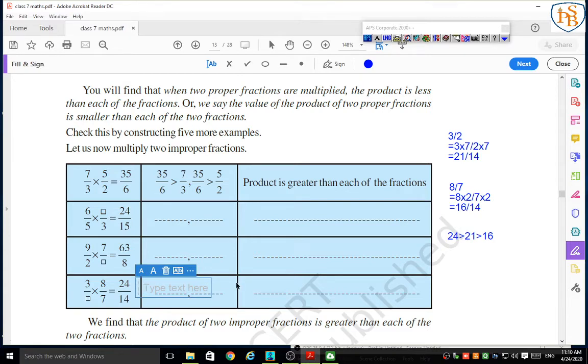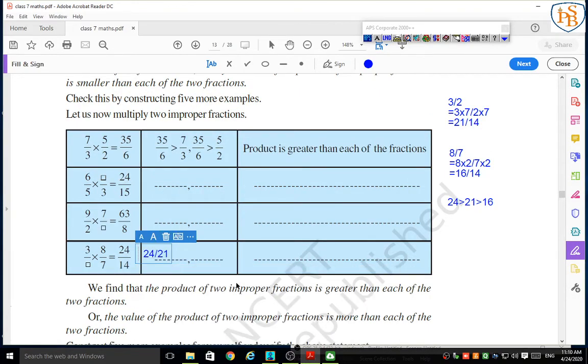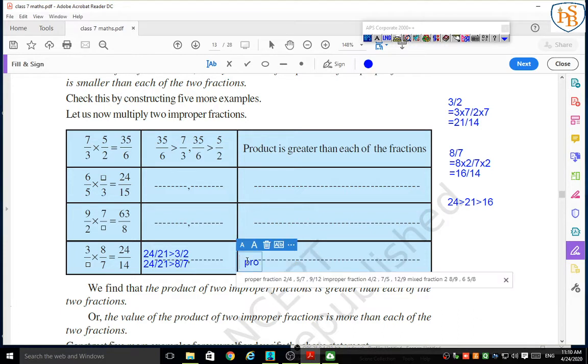My product is 24 upon 21, which is greater than 3 upon 2, and 24 upon 21 is greater than 8 upon 7. So what do I have to write here? Product is greater than each of the fractions.